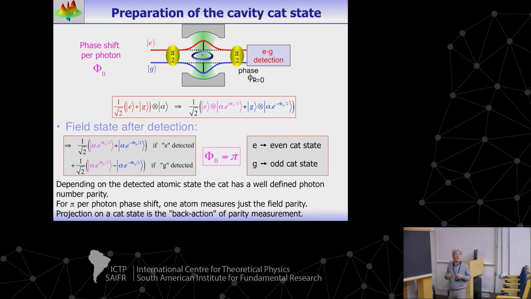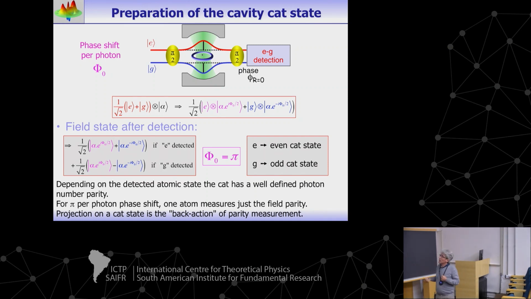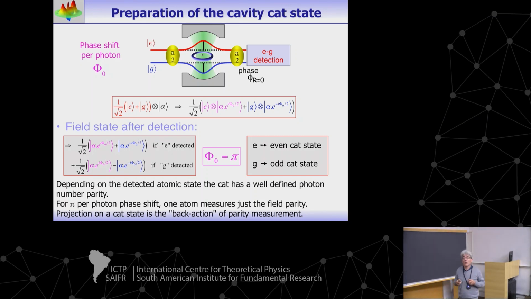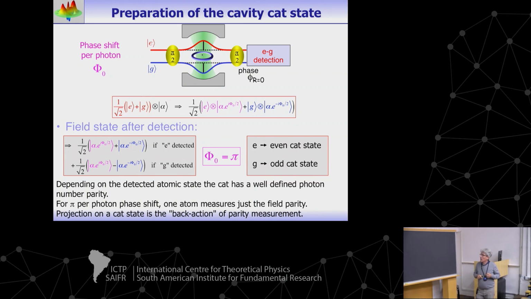So we call it the even cat state, whereas the other state has only odd photon number, and we call it the odd cat state. And depending on the detection result of the atom, we know whether we have an odd or even cat state. Of course, if we trace over the atom, we just have a statistical mixture, and it's not anymore a Schrodinger cat state.